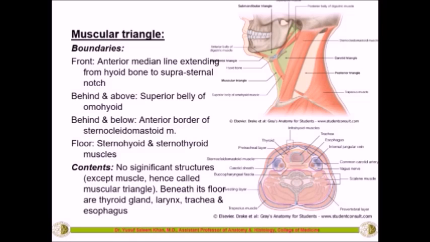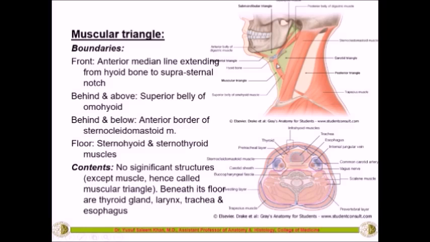To begin with, we'll begin with the muscular triangle, which is in the front, just beside the midline structures of the neck. So the boundaries, as we know, the anterior boundary is formed by the midline structures of the neck, the lower part of the midline structures of the neck. Behind and above we have this muscle.